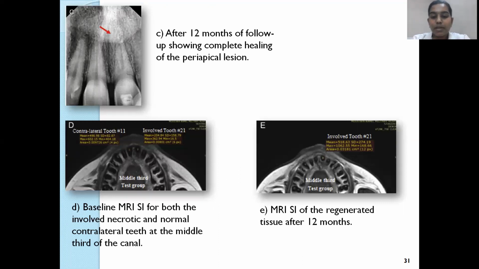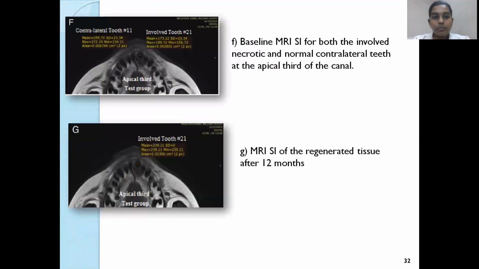And E shows the MRI signal intensity of the regenerative tissue after 12 months. While F shows the baseline MRI signal intensity for both the involved necrotic and normal contralateral teeth at the apical third of the canal. And figure G shows MRI signal intensity of the regenerative tissue after 12 months.